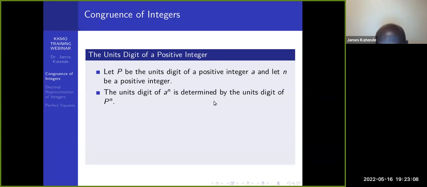Or if I have 475, it has units digit 5. If I want to find the units digit of 475 raised to 100, I just need to find the units digit of 5 raised to 100. These two numbers will have the same units digit. That's what the statement says.